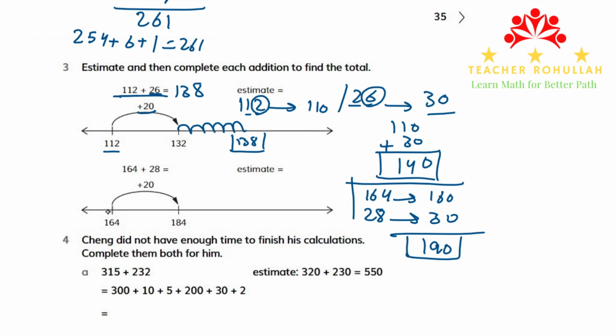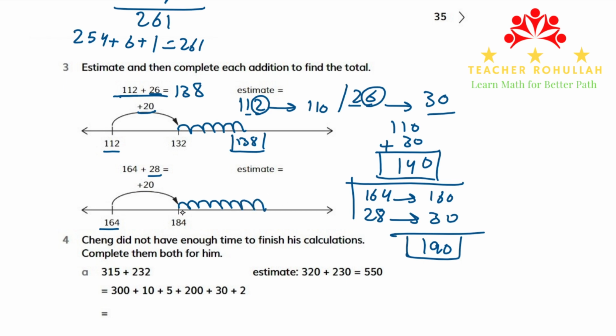And here again, we have a number line. 164 is the starting point. 164 plus 20 is 184. And we have to add another 8 numbers. If we count on ones up to 8, so 1, 2, 3, 4, 5, 6, 7, 8.